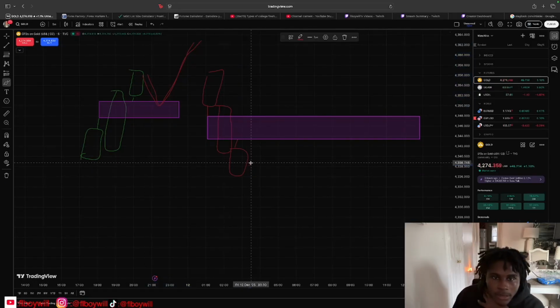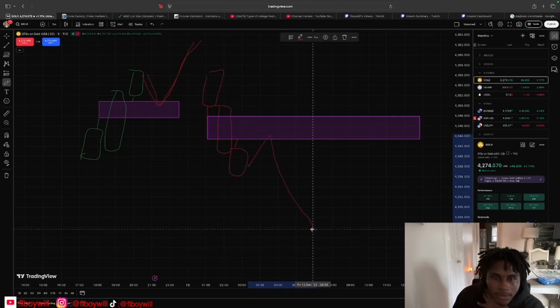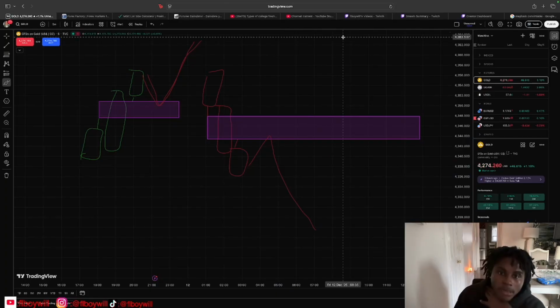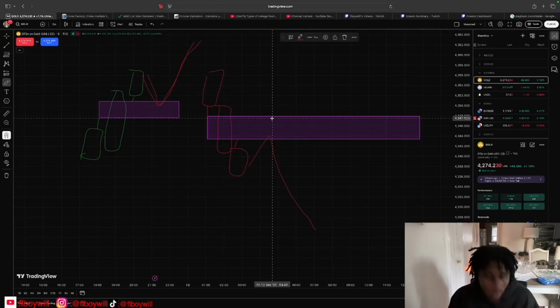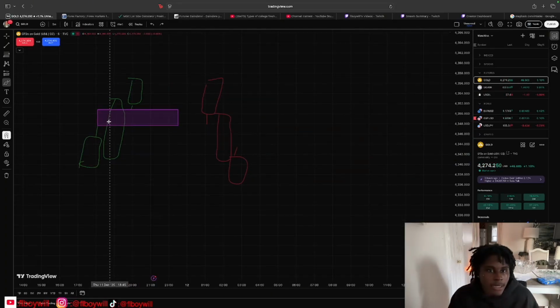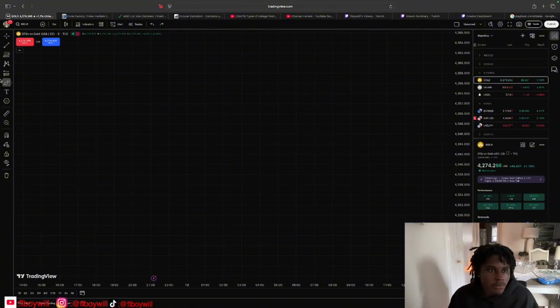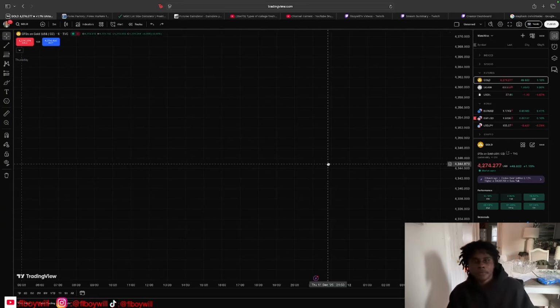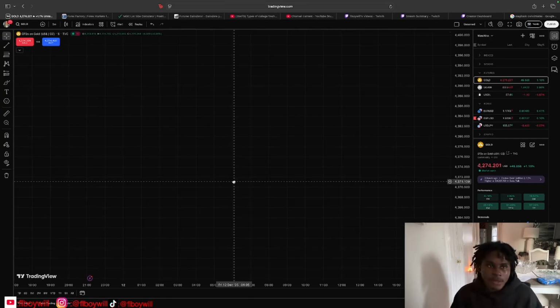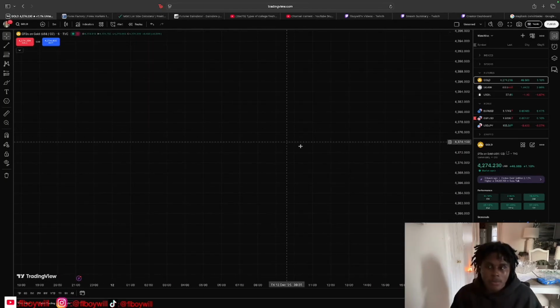But if it hits the bearish one, it's probably gonna go in, go back down. That's probably most likely, not 100%. No. All right. That's fair value gaps number 1.